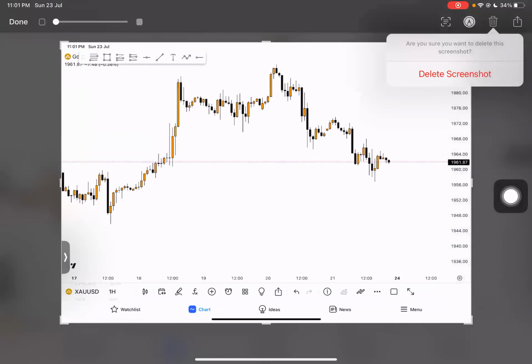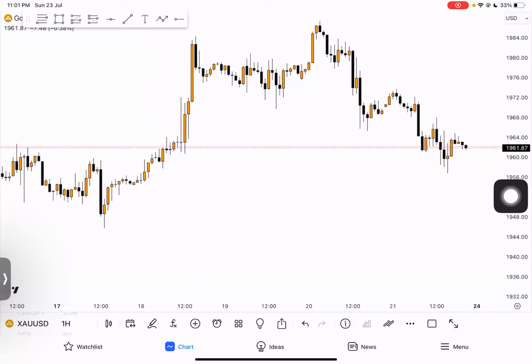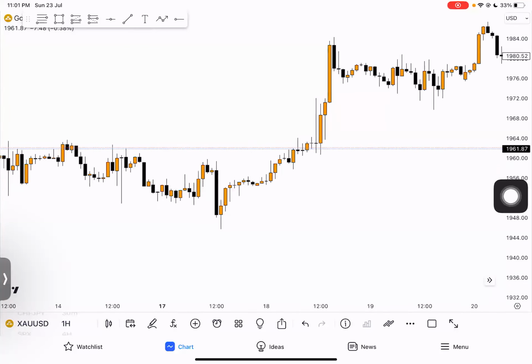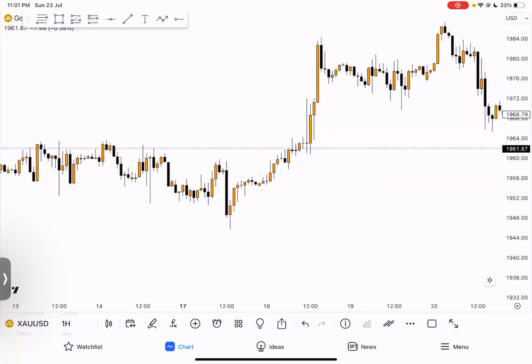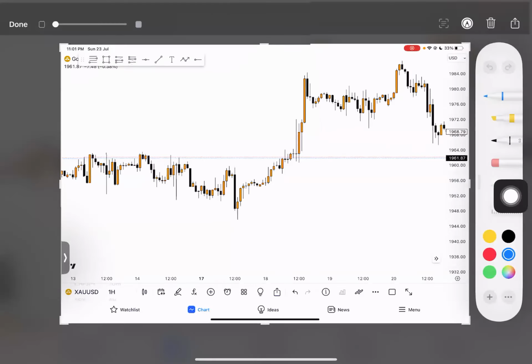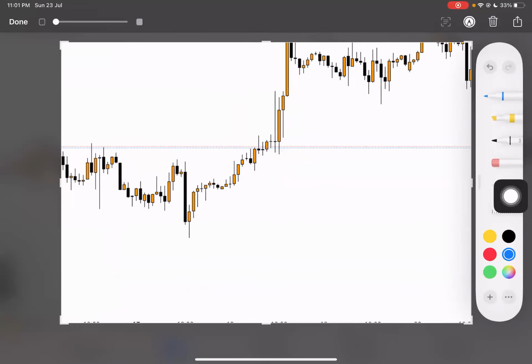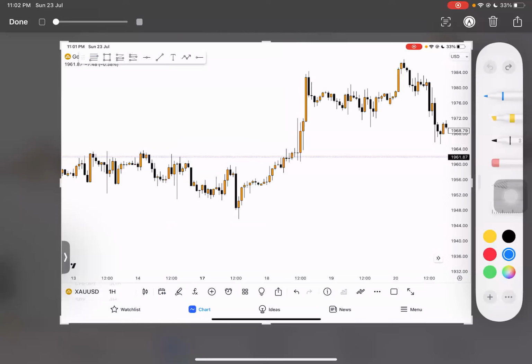Here, you can see this resistance is able to break out the support. So for sure, we have to mark this level.